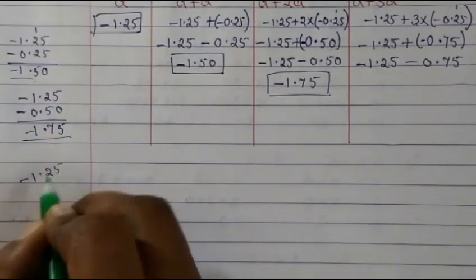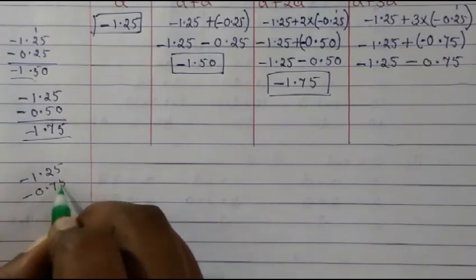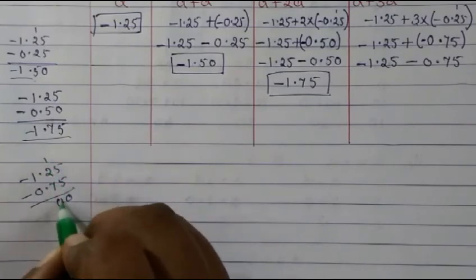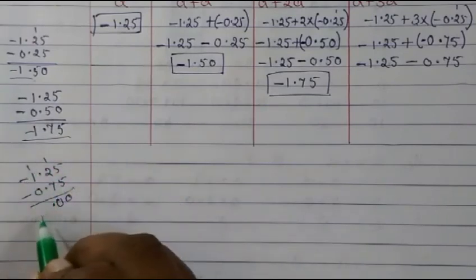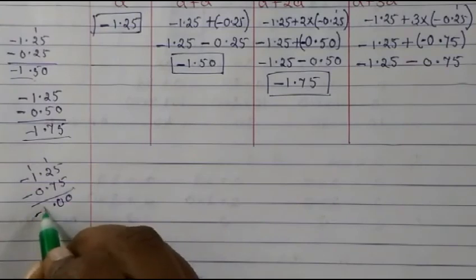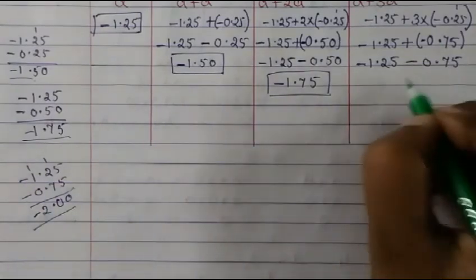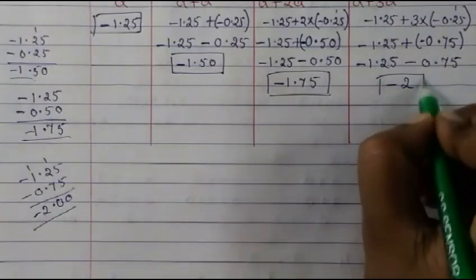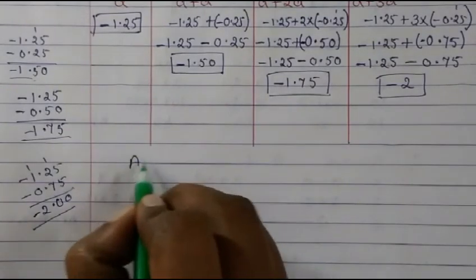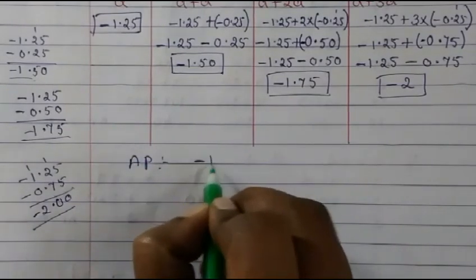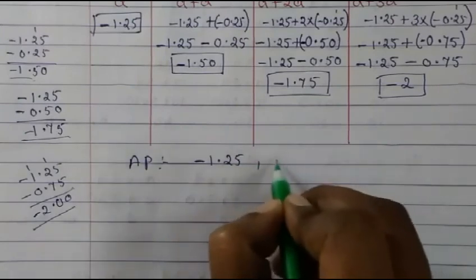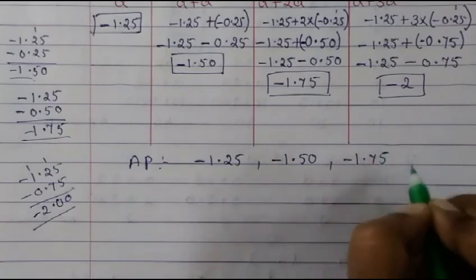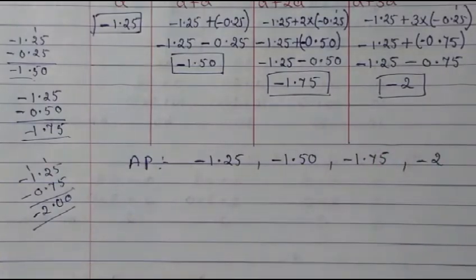Minus 1.25 minus 0.75. So 10 carried forward 1, so 8, 9, 10. 0.1 carried forward here. So we'll get minus 2. After the point, 0 is not valid. So minus 2. So our AP that is formed is minus 1.25, minus 1.50, minus 1.75, then minus 2.